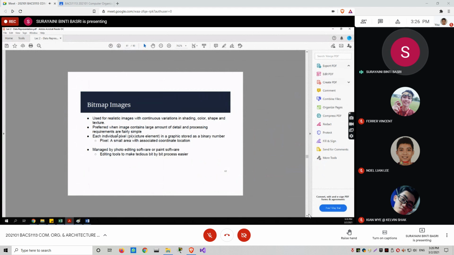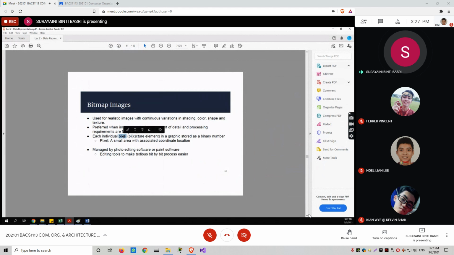Okay, so each individual pixel, pixel is the short form of picture element. We always say pixel, 64-bit, 32-bit. I mean, when you are buying your phone, for me, when I choose my phone, I take into consideration the pixels of the camera.